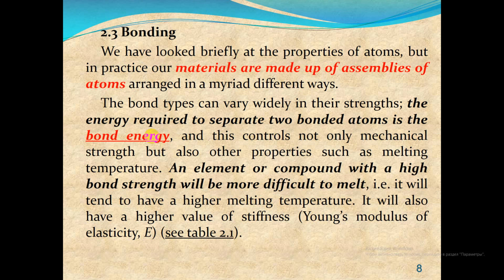An element or compound with a high bond strength will be more difficult to melt. That is, it will tend to have a higher melting temperature. It will also have a higher value of stiffness, Young's modulus of elasticity.